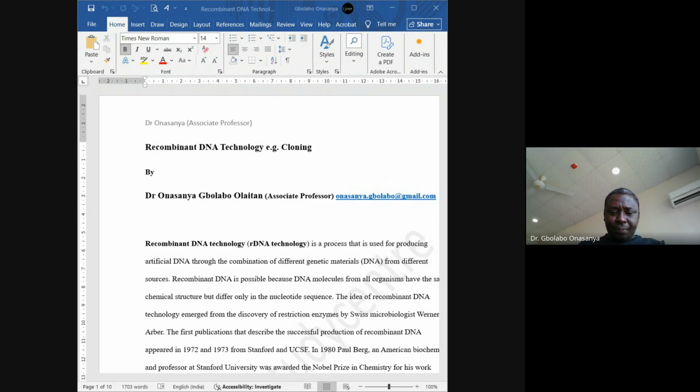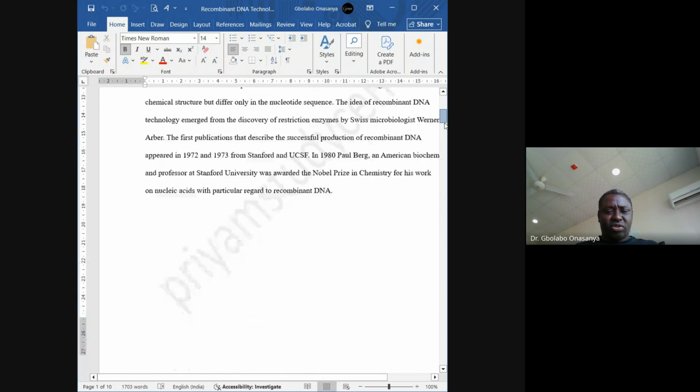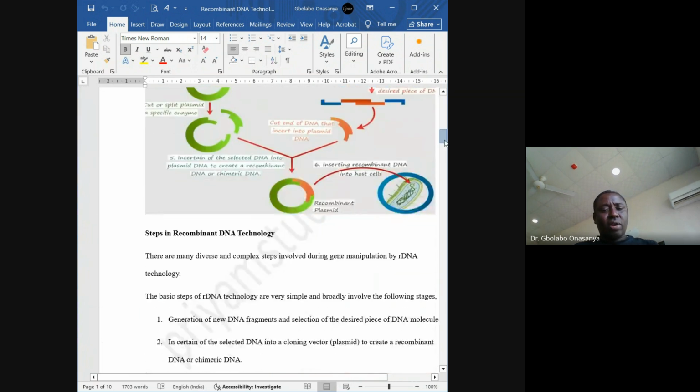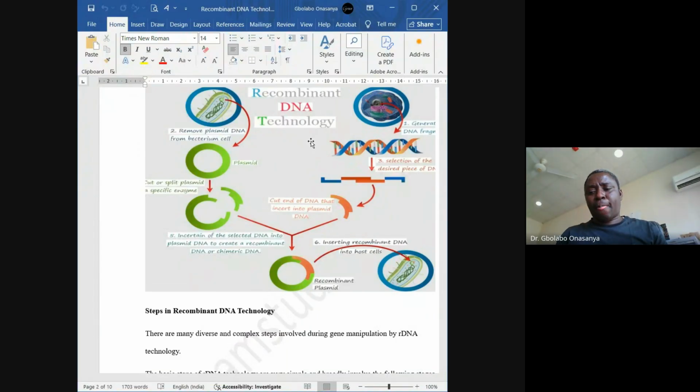Now, I've said recombinant DNA is a transgenic technique for creating transgenic organisms. It is a summary of recombinant DNA technology used to generate transgenic organisms.